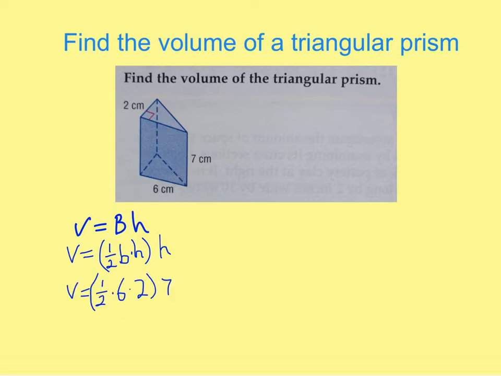So I plugged in the numbers to my formula. The base of my triangle was 6 centimeters, because this was 6 centimeters, height was 2, and then the overall height was 7. And once I solved that, I got 42 cubic centimeters. So again, this is what I should see in your work today.